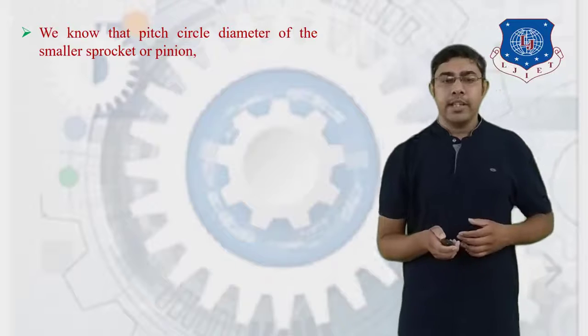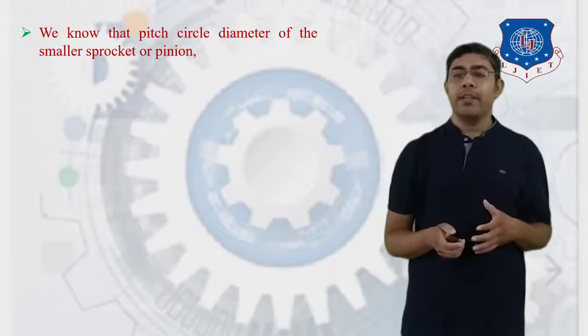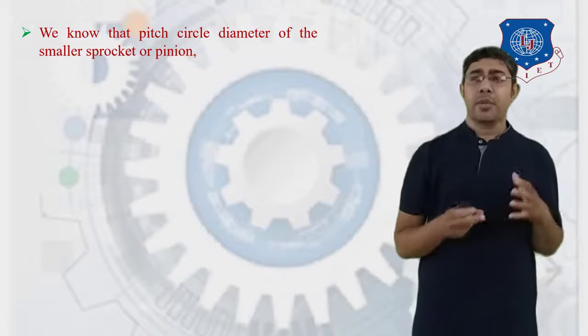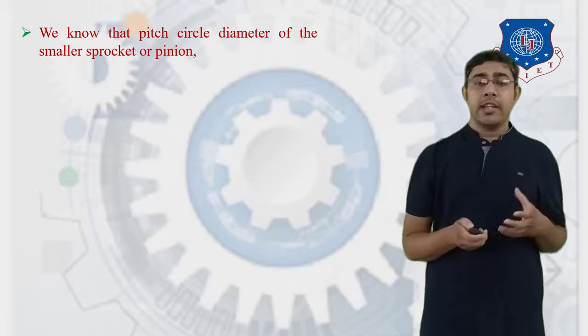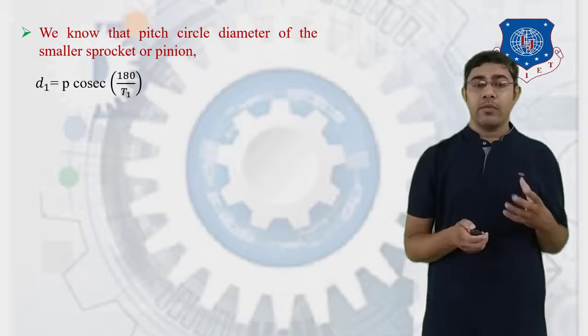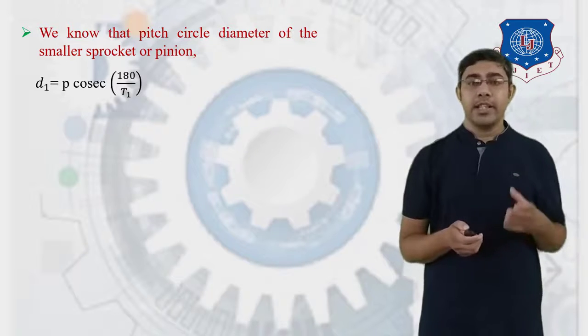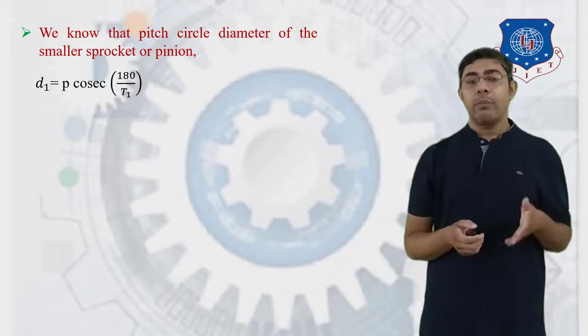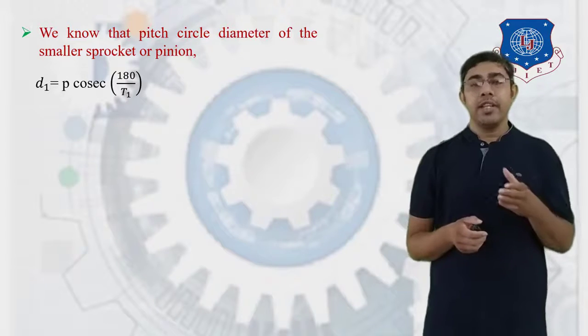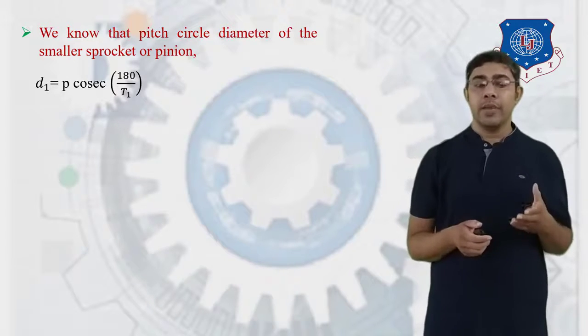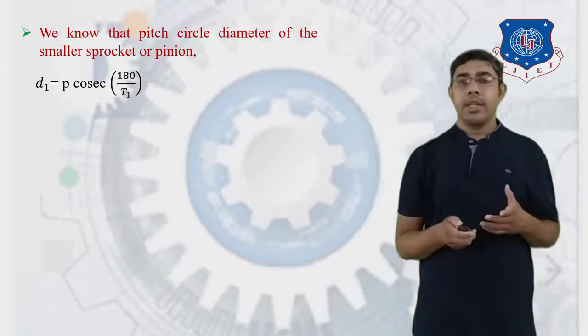Now next, we know the pitch circle diameter of the smaller sprocket or pinion. So the pitch circle diameter of the smaller sprocket or pinion, D1, is equal to P into cosec 180 divided by T1. Here T1 is the number of teeth on the pinion and P is the pitch.